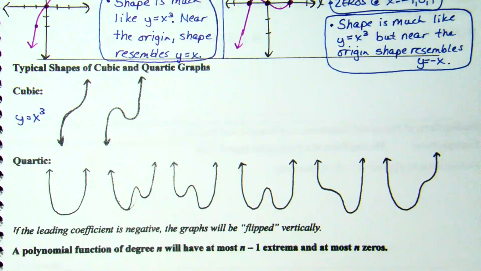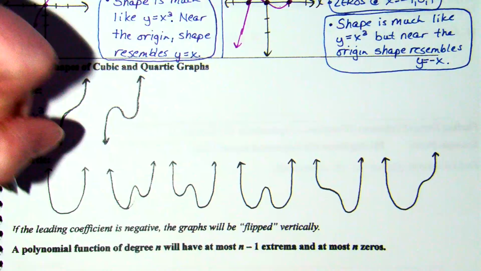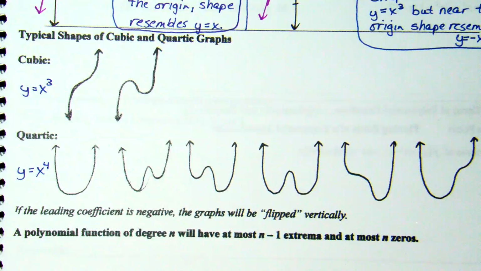Quartic. What do I mean quartic? Y equals x to the 4th. Okay, those graphs are options for y equals x to the 4th. Now, we talked about that first one yesterday, didn't we? That basic flattened parabola is a basic quartic.